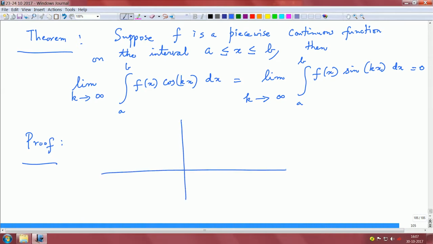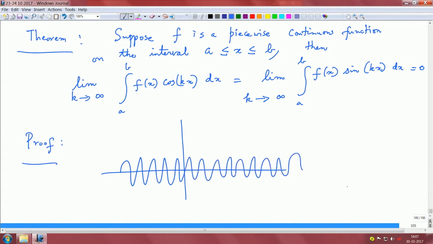You can imagine that you have a high frequency wave, almost like my sine wave, and I have some function that I am sketching.